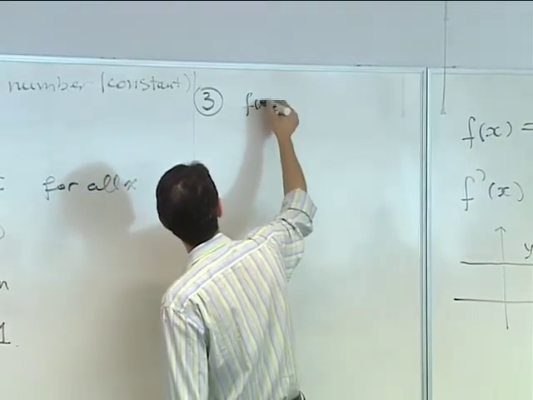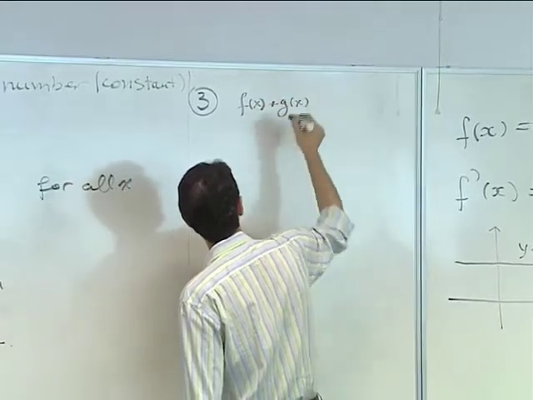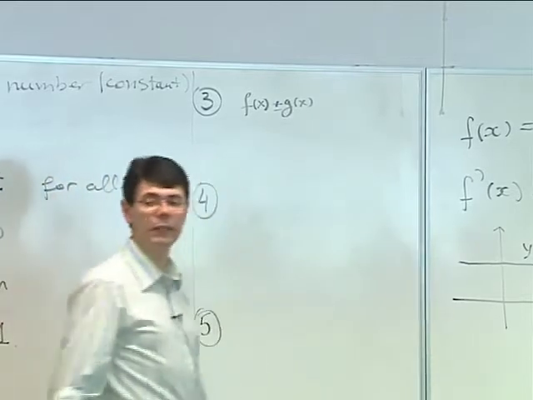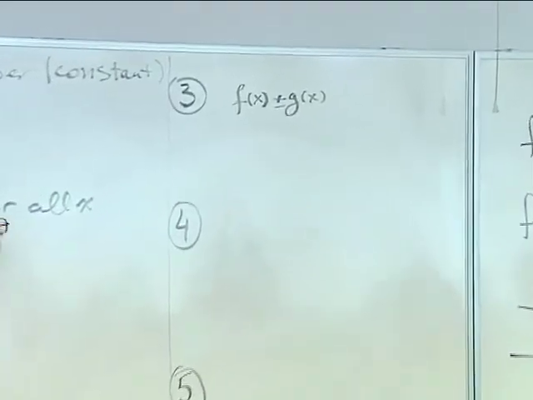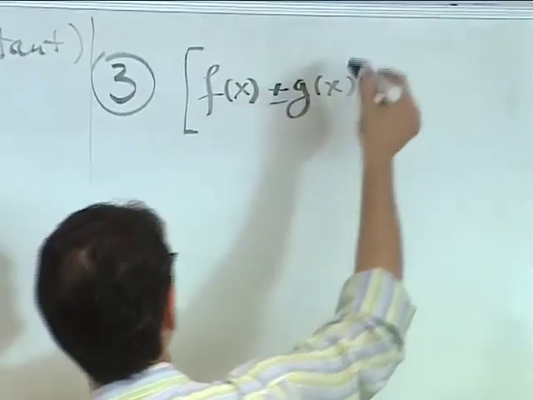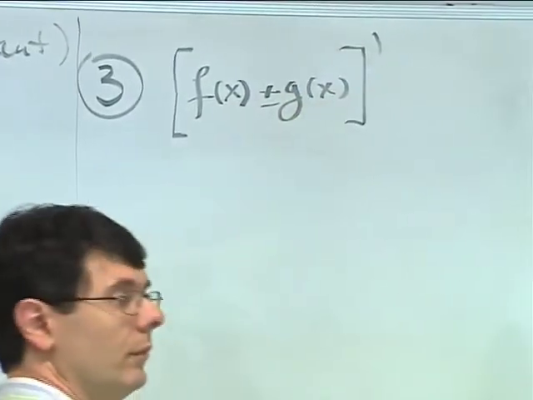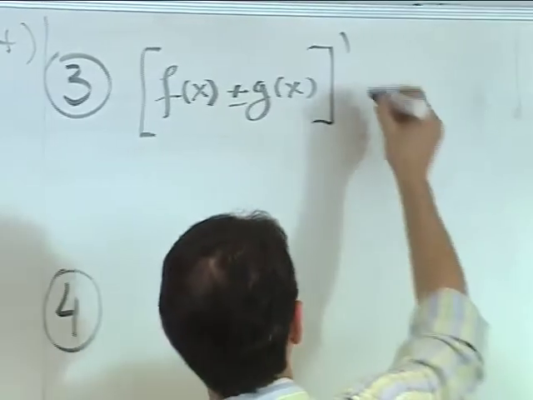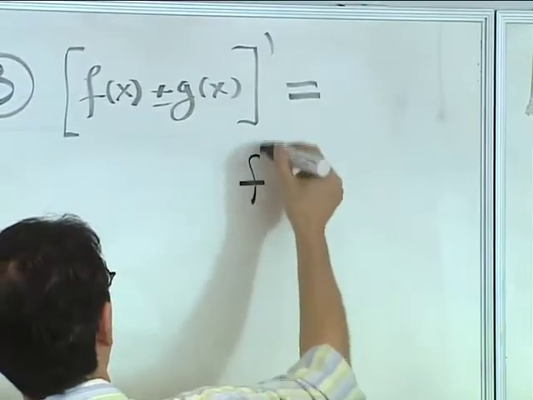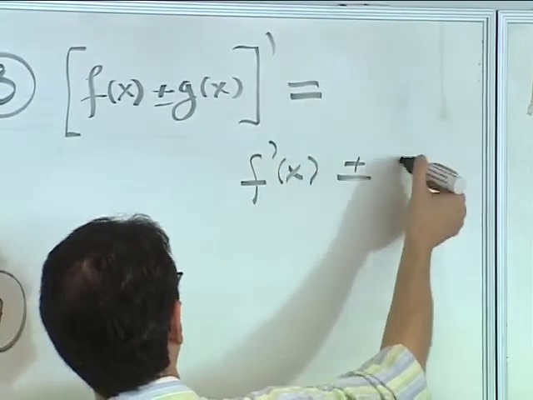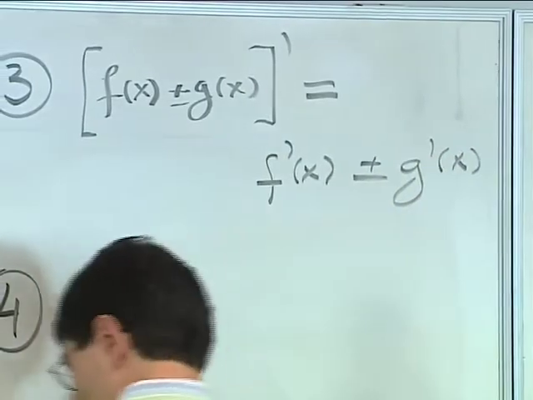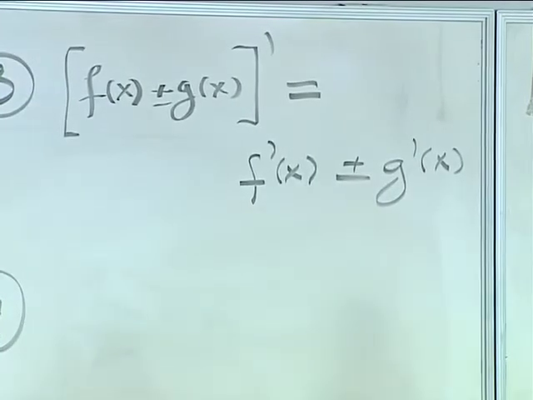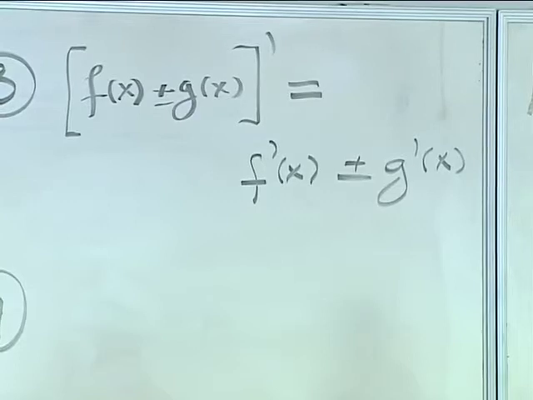If you add f and g, or subtract, add or subtract, and then you take a derivative, you can do the same work by first finding the derivative of f, then finding the derivative of g, and then adding or subtracting them.